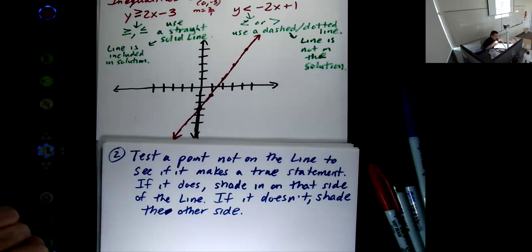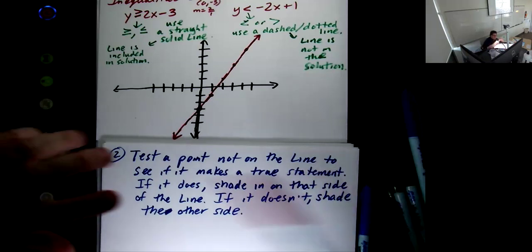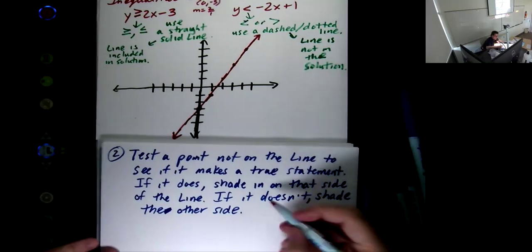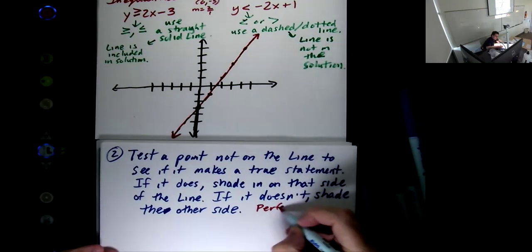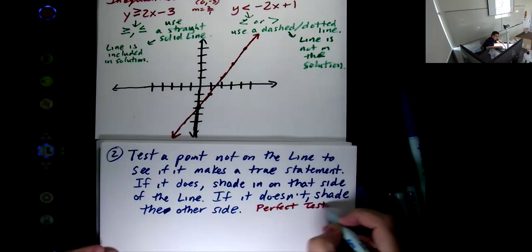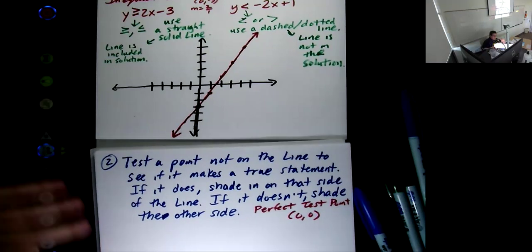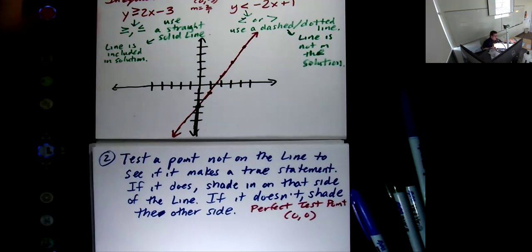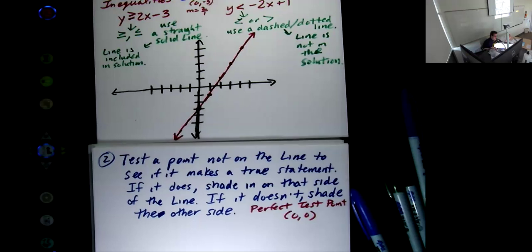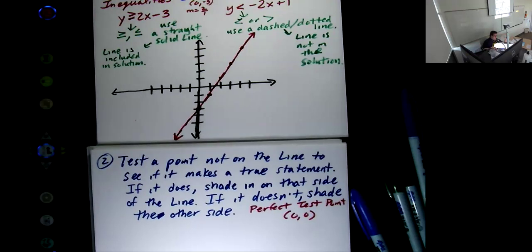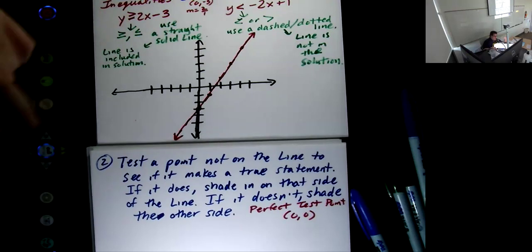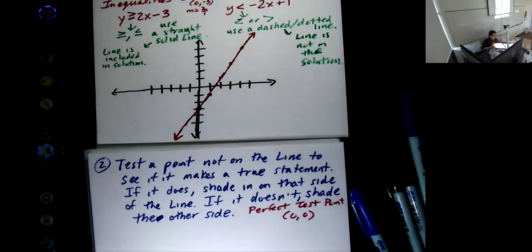Okay, so the perfect test point, if it's not on the line, is 0, 0. Because when you plug in 0, it doesn't matter if it's squared or multiplied by anything, the whole term just becomes 0. So it makes it really easy to test.